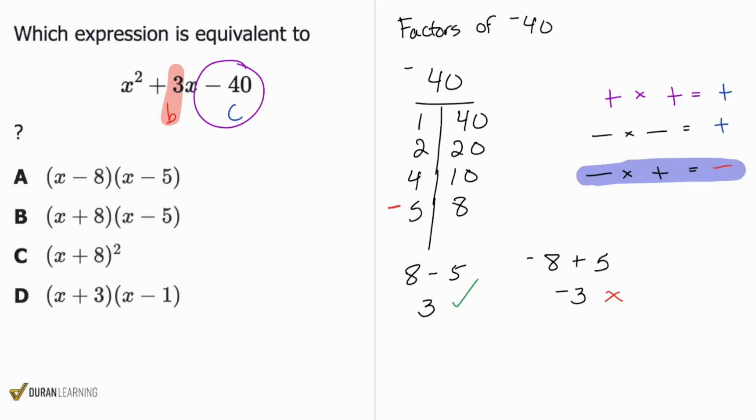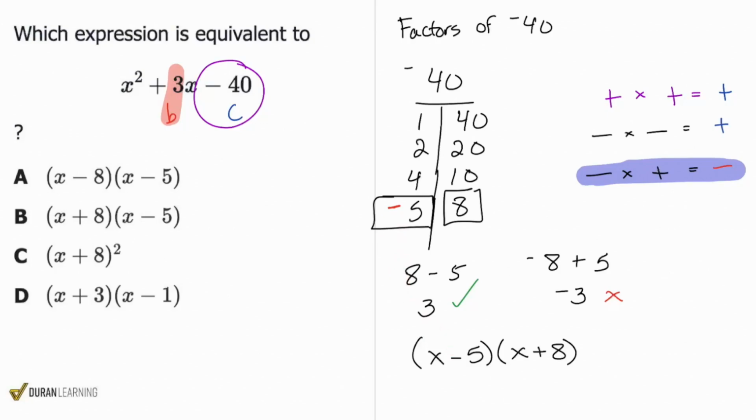And so when we have that, we have a positive 8 and a negative 5. And so what will happen here is we have x minus 5 times x plus 8. So the sign matters because you'll be bringing it with you right there. That's where it matters the most.